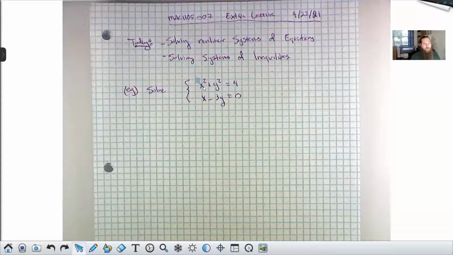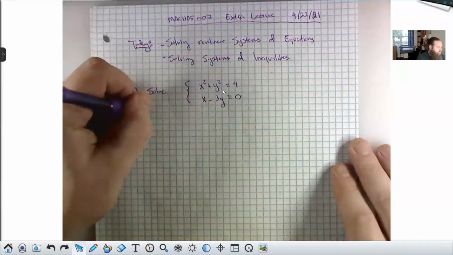You've got an x squared. That on its own would make this nonlinear, but you also have a y squared. The first equation is the equation of a circle centered at the origin of radius 2. The second one, of course, is a line. I could draw this system for you, but since I don't necessarily expect you to do that, I'm just going to jump in here.